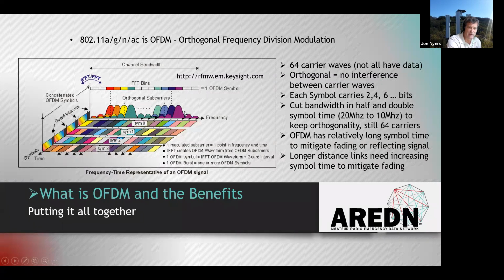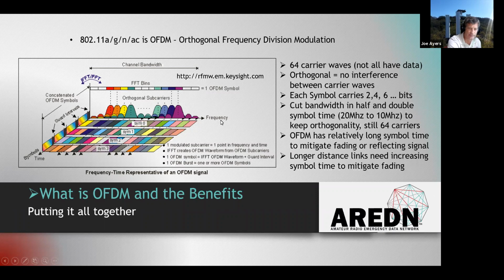So the symbol, which includes that guard interval, is transmitted over time. We're seeing the time come out this way, and we just transmit successively all of the data to send it across.